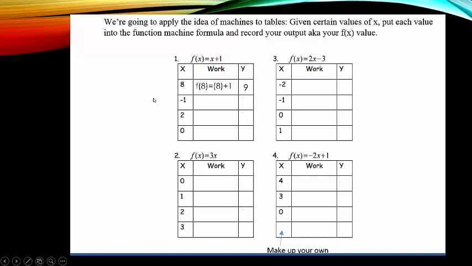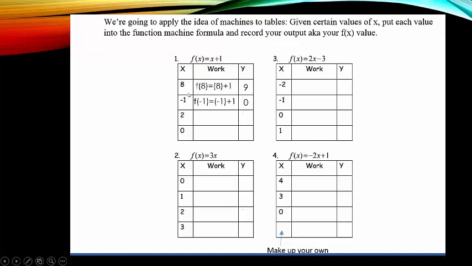We're going to repeat the same thing, but this time the input is -1. So this time, instead of using 8, I use -1 in my formula everywhere I see an x. So again, -1 plus 1 is 0.